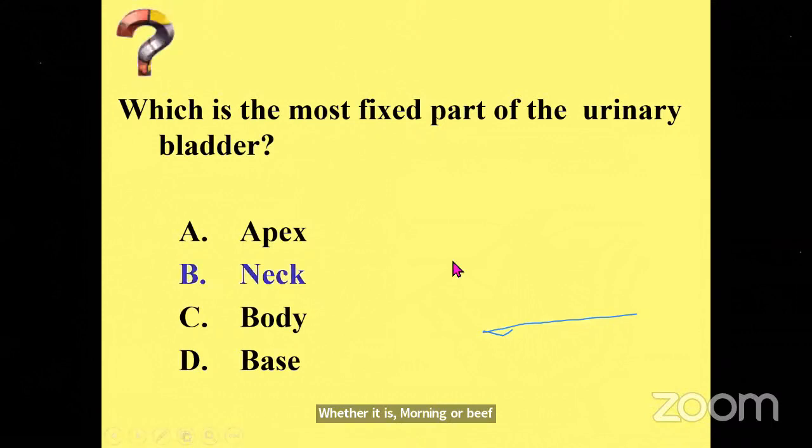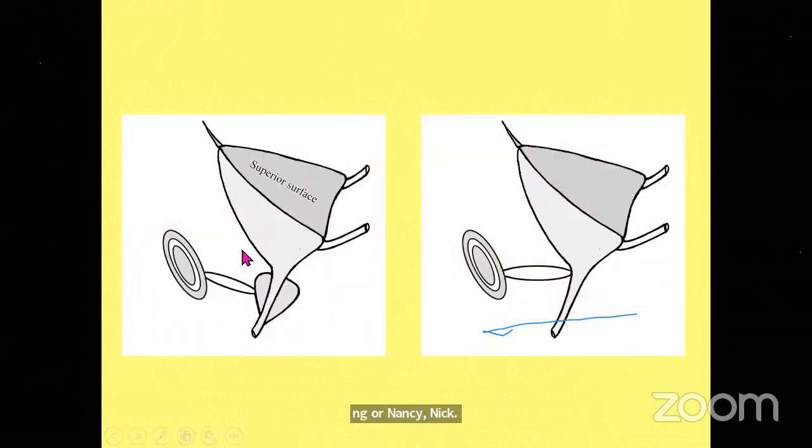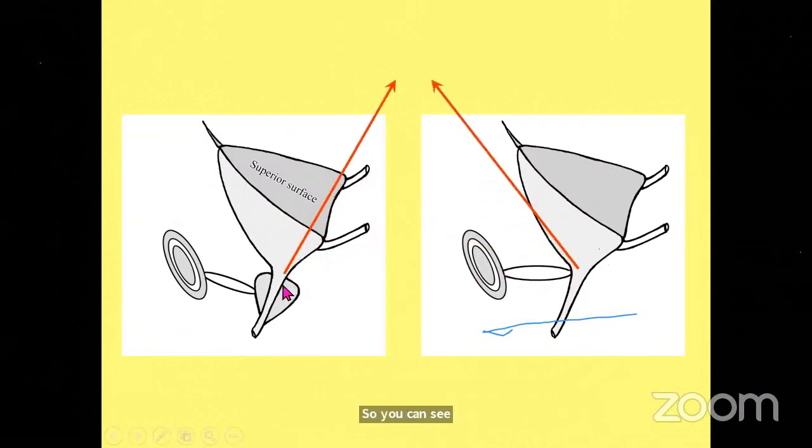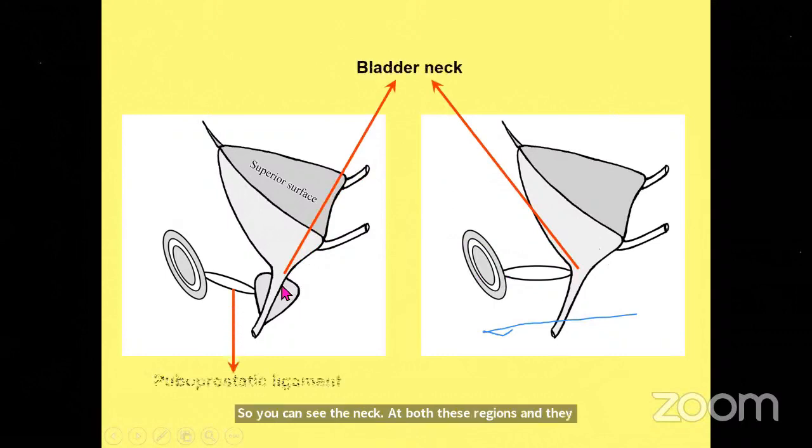The answer is neck. The first one is an image of a male bladder and its relations, and the second one is an image of a female. You can see the neck at both these regions, and they are considered as the most fixed portion.